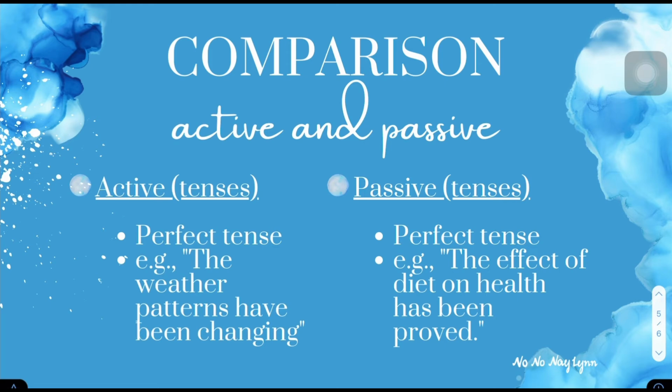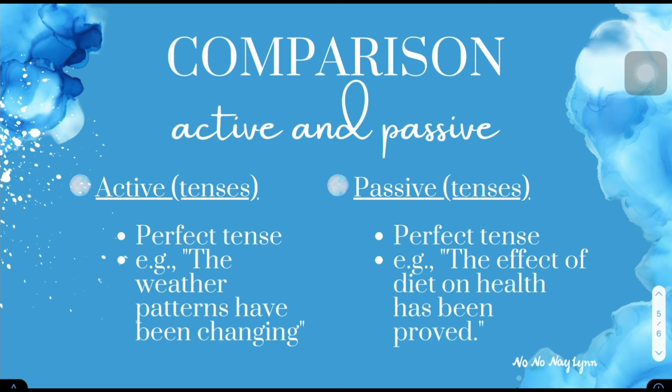Let's see an example right here. The weather patterns have been changing. This is active, and the tense is the present perfect continuous. This has an effect on the present, although it has been happening for years from the past, and it's still happening now.